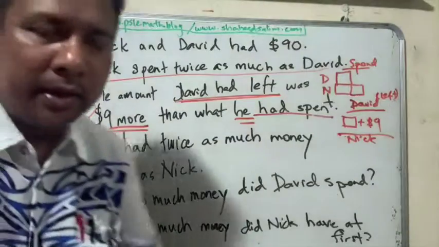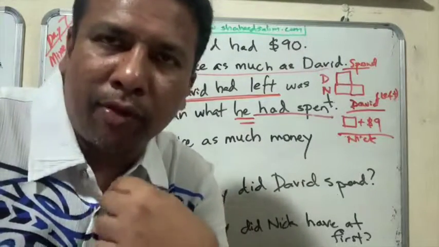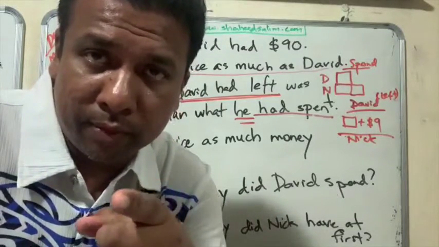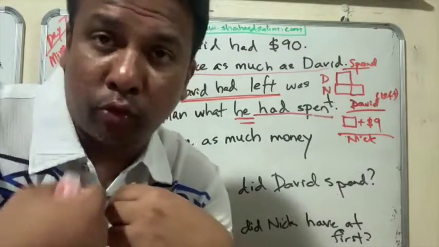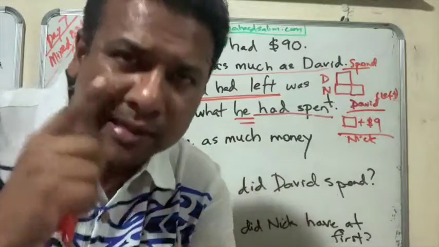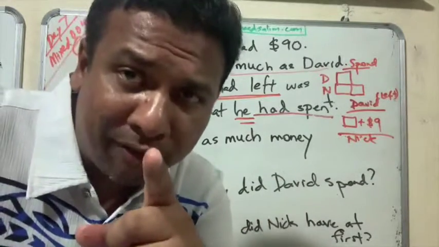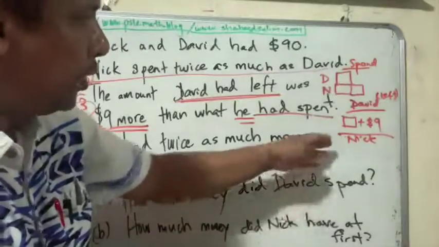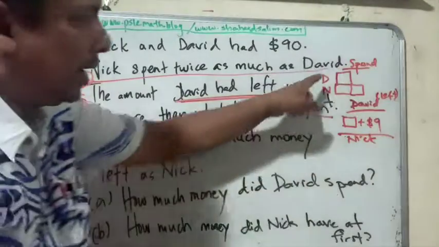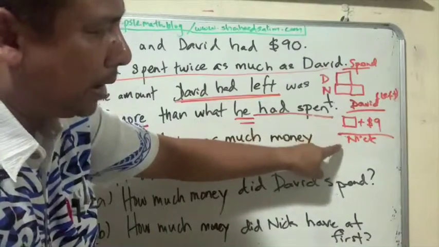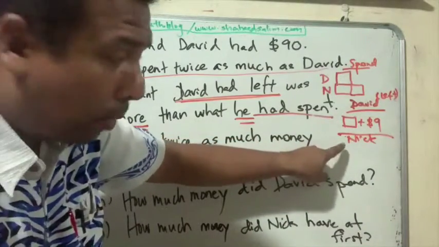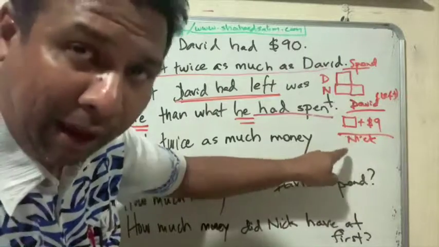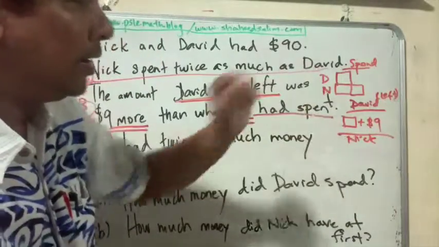Now, if I have twice the amount of money you have, and you have $10, and I have twice means I have $20, that also means you have half the amount of money I have. So when we say that David has twice the amount of money left compared to Nick, this means Nick has half of what David had left.